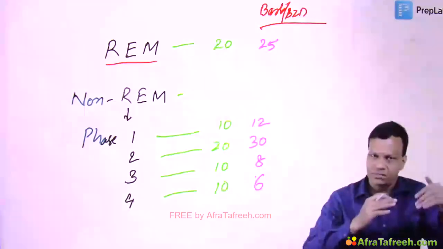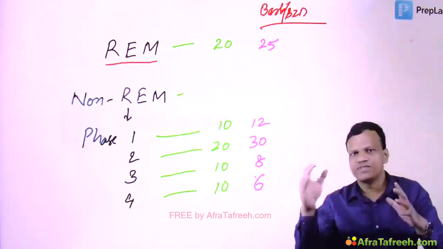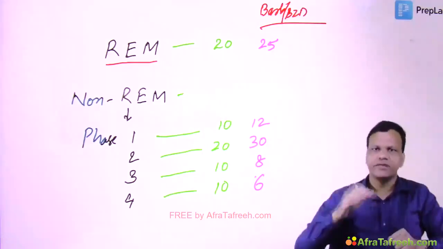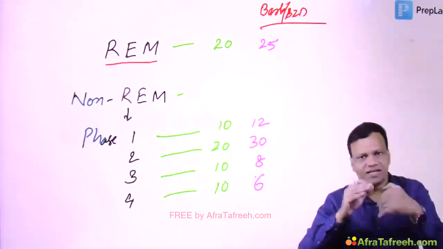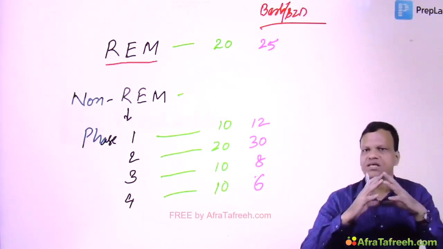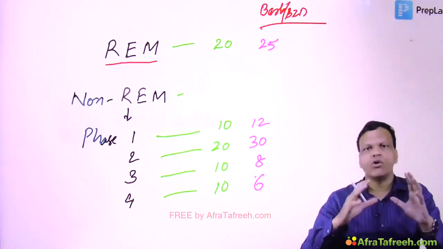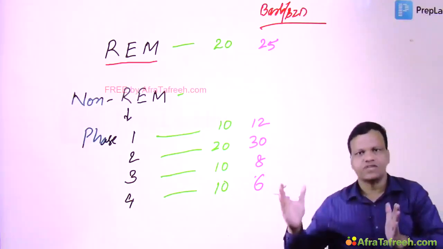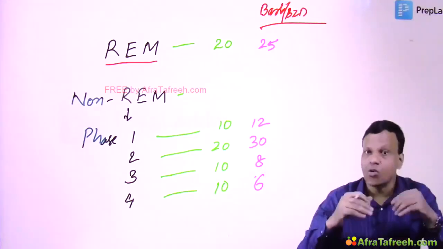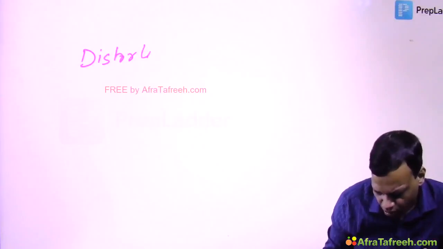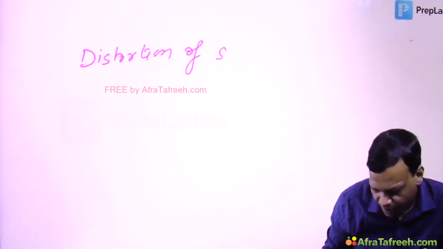So benzodiazepines have increased the duration of sleep, but all the phases are not increased proportionately. Some phases are increased more, some less, or some may even be decreased. So that means when we give benzodiazepine, the sleep quality no longer remains normal. Although they increase the quantity of sleep, they compromise the quality of sleep. And technically that is known as, they cause distortion of sleep architecture.